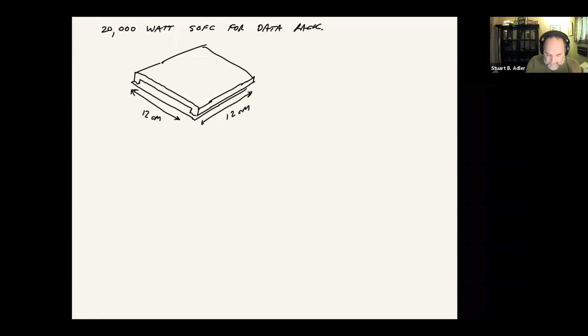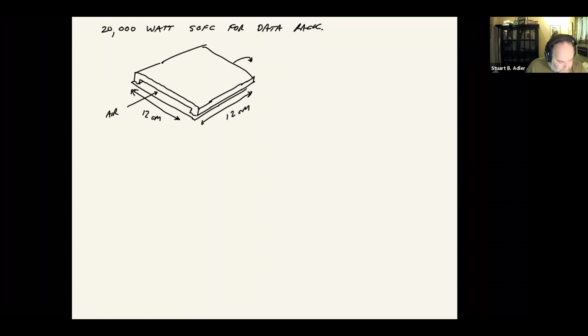What I want to think about is, if we're feeding air across this cell, how much pressure drop do we get? Is it something we can sustain reasonably with a blower? And what does it mean for distribution? So on one side of the cell coming in, we're feeding in our air, and it's going out the other side. So let's think just for a moment about what the pressure drop is going to be for this airflow.